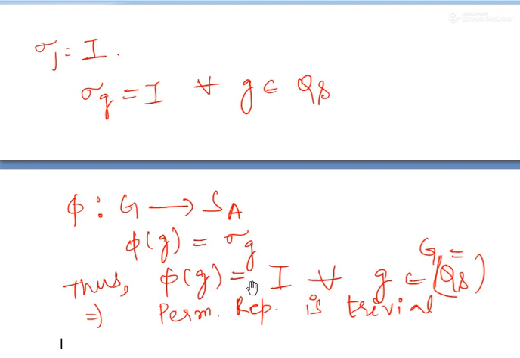So this permutation representation is trivial. The permutation representation of the conjugation action of Q8 on the set of all left cosets of the subgroup {1, -1} is trivial.